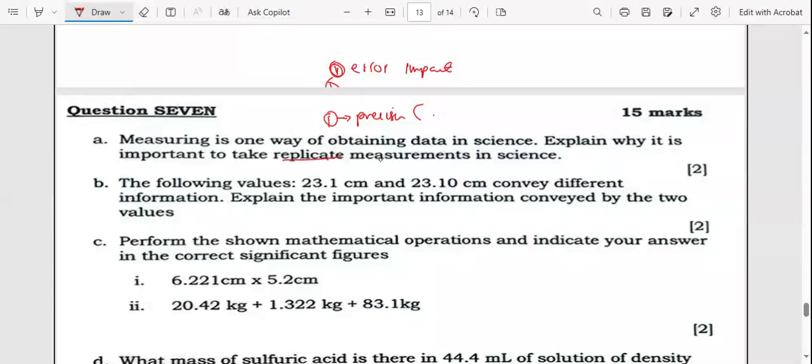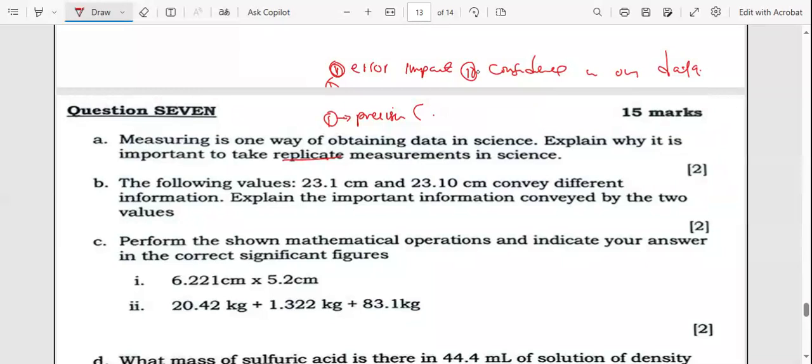Then the other point that I can give to support this is to increase the confidence in our data. This means that we can also do this for statistical analysis, such as standard deviation, because we get replicates.